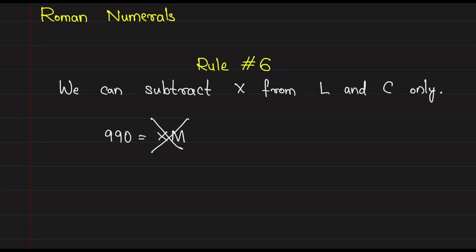Because X cannot be subtracted from M. X can be subtracted from L and C only. Suppose we want to write 490. We cannot write XD just because 500 minus 10 is 490. This is also the wrong way of writing. Why? Because X cannot be subtracted from D. It can be subtracted only from L and C.